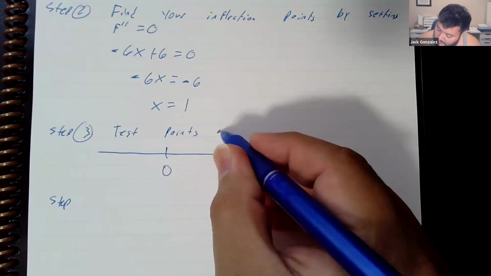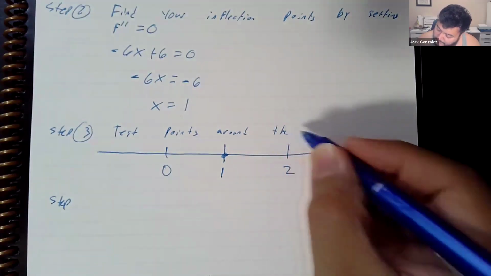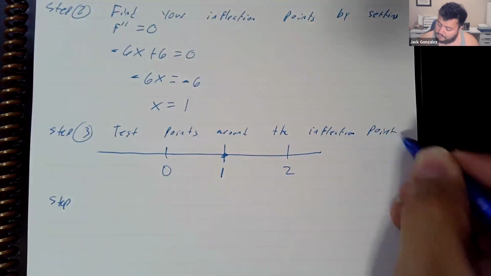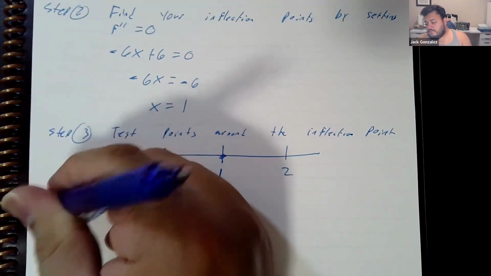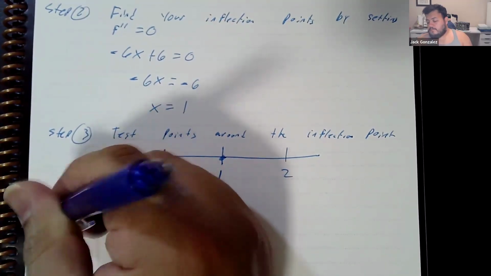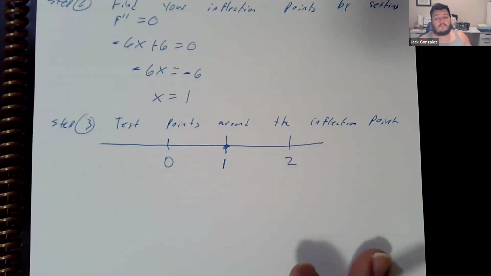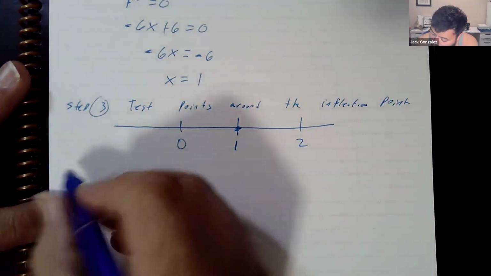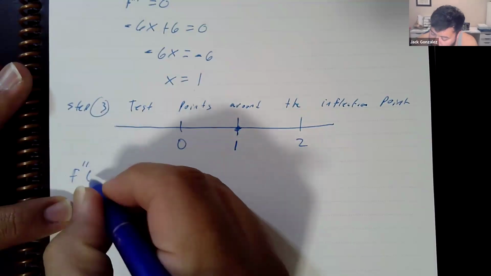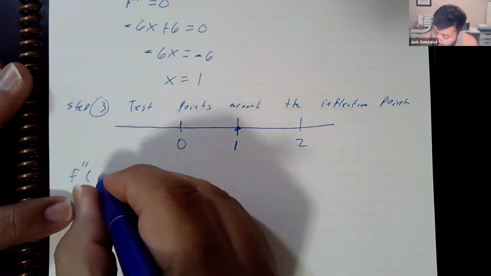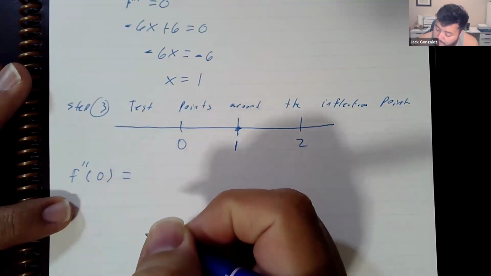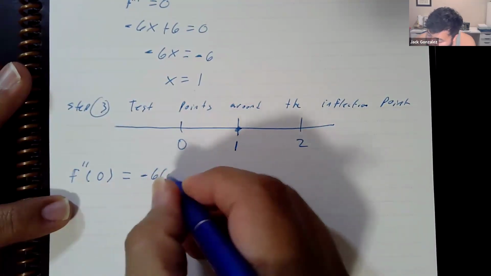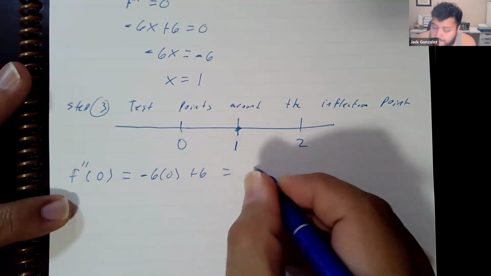Test points around the inflection point. Plug in 0, your test point, into the second derivative and see if it's positive or negative.